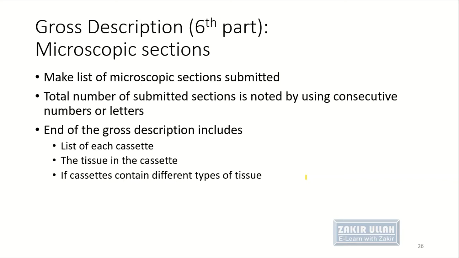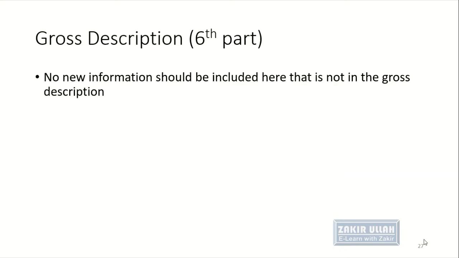If a cassette contains different types of tissue, state what the different tissues are and number them. Unknown information should not be included in this part because this may confuse the laboratory personnel.